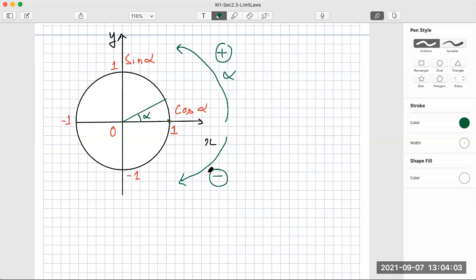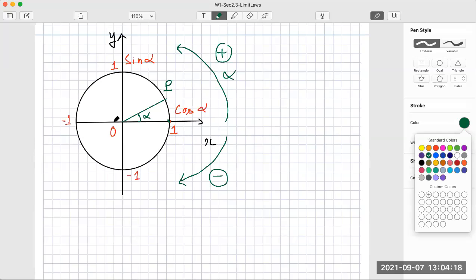Now, on the unit circle here, let us define the point P. What is the distance from 0 to P?